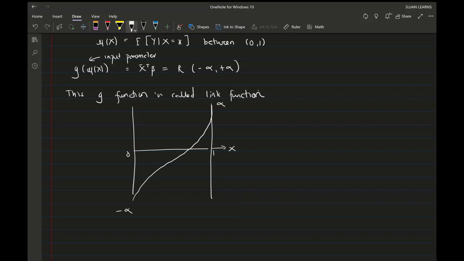So this is x transpose beta, and this is mu x. This is how you do the link function, where it maps the value between 0 and 1 to minus infinity to positive infinity. And this is how you do the link function in the generalized linear model.